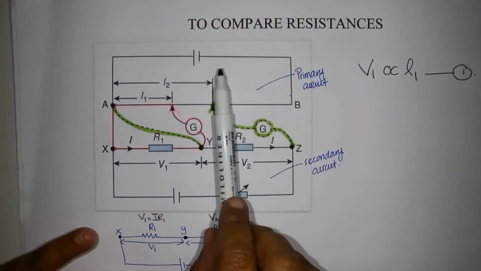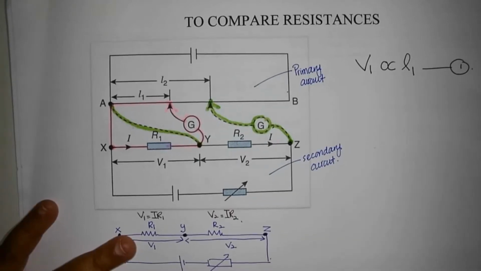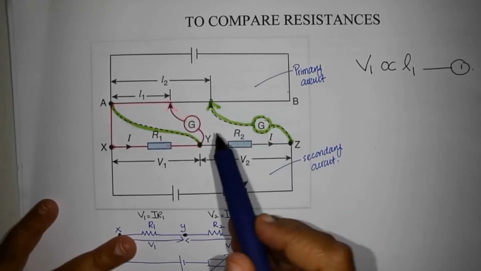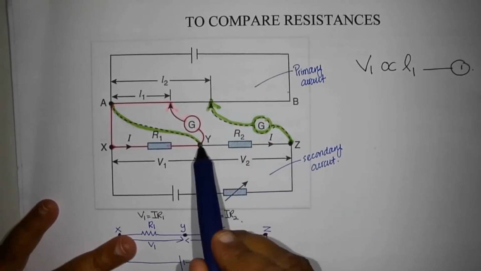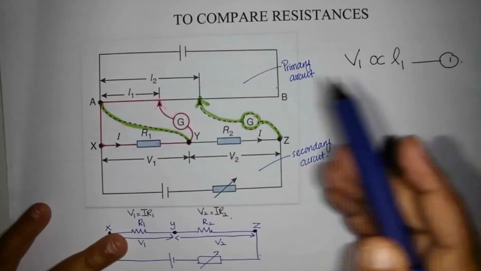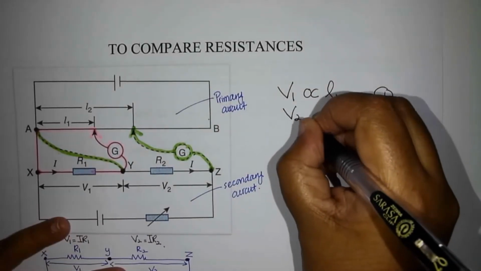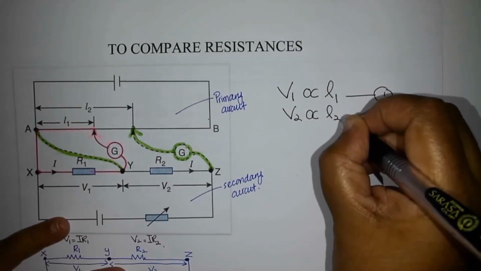Then we slide the slider until the galvanometer points to 0. Then what do we get? The voltage here, V2, is directly proportional to the length from here to here, which is L2. So V2 is directly proportional to L2.